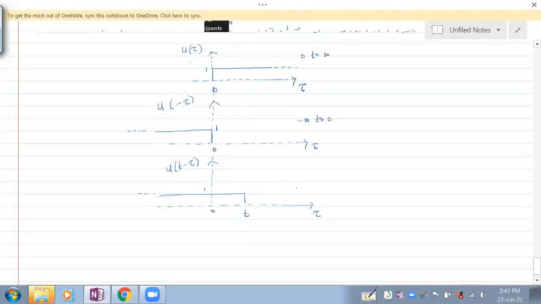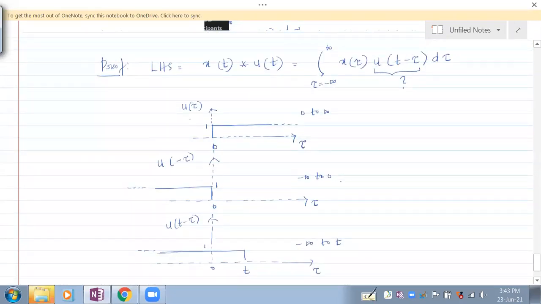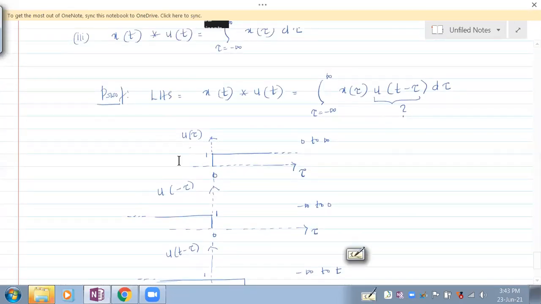This is from minus infinity to t. Everybody understand? This is what one should understand here. You need not do all these exercises. So u of t minus tau is 1 for tau ranging from minus infinity to t.